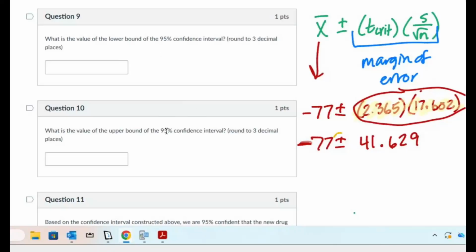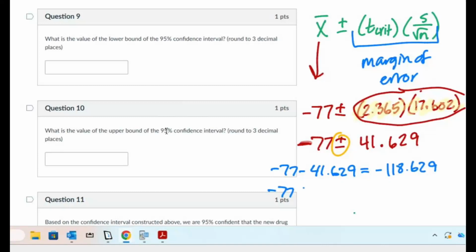The lower bound and upper bound, if you see, we have a plus and minus right here. So the lower bound is just what do we get when we do our plus or minus. So negative 77 minus 41.629. If we do negative 77 minus 41.629, we get negative 118.629.